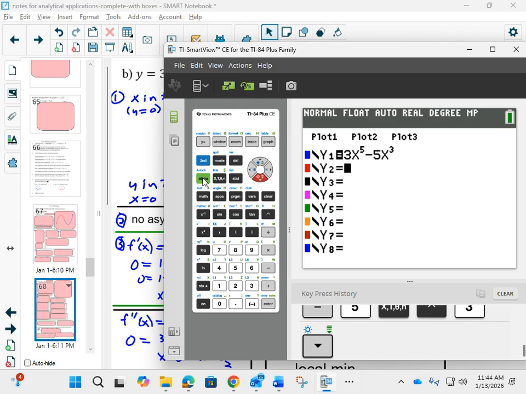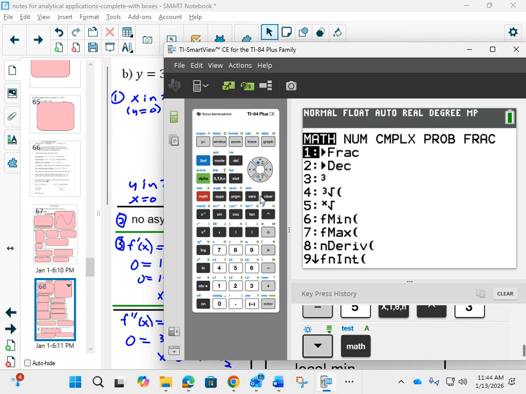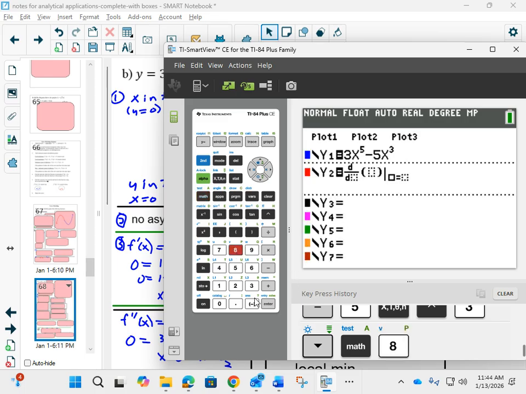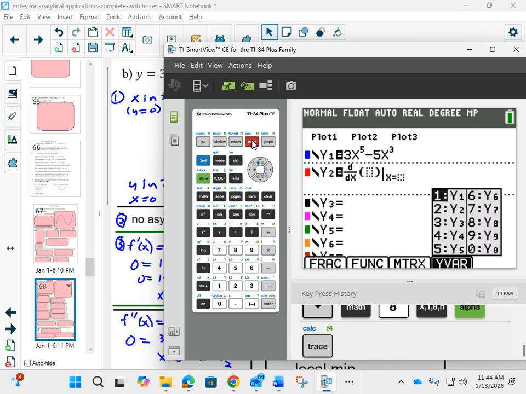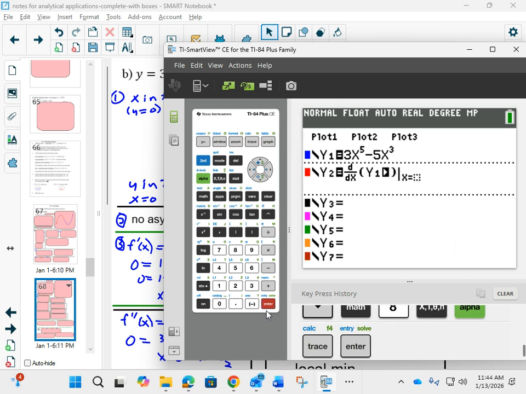And in y2, I'm going to go to my math button, go down to the derivative and do d dx of, and here you can go alpha f4 to your y variables, and I can just type in y1. I could have skipped typing in y1 and actually typed in 3x to the 5 minus 5x cubed.